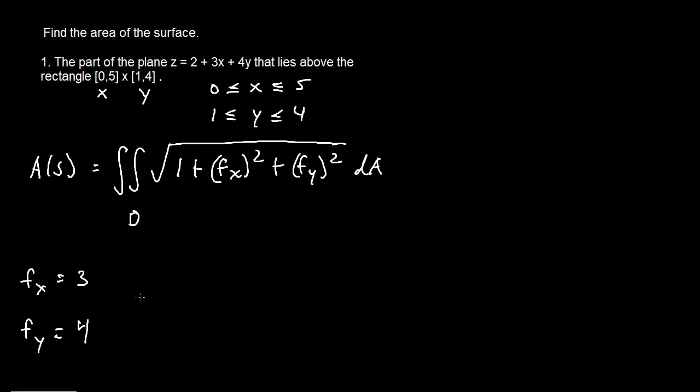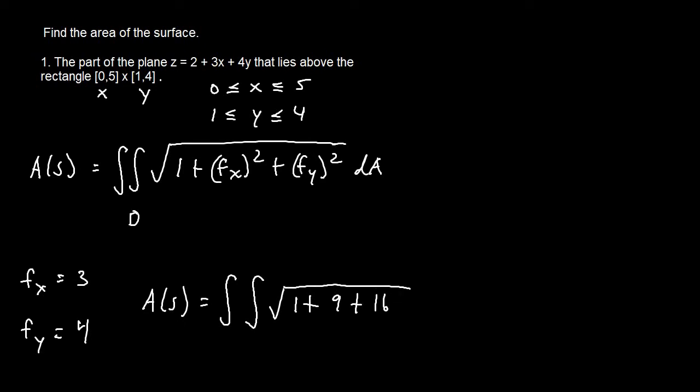So if I were to plug everything into the formula for surface area, we have the double integral. Inside the square root we have 1 plus f sub x squared, which is 3 squared, or 9, plus 4 squared, which is 16. Now we can put the x and y bounds on either the inside integral or the outside, it doesn't matter. Let's put the x bounds on the inside and the y bounds on the outside.